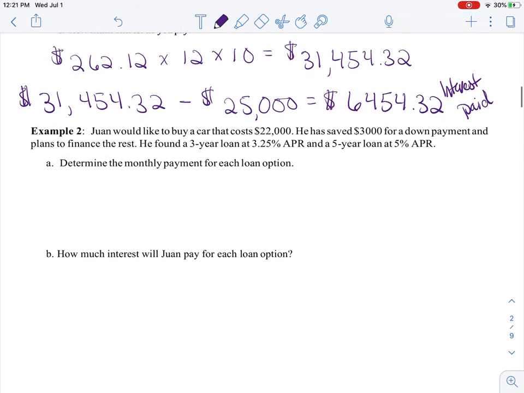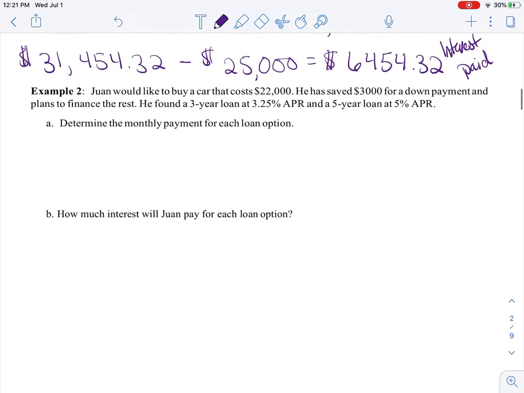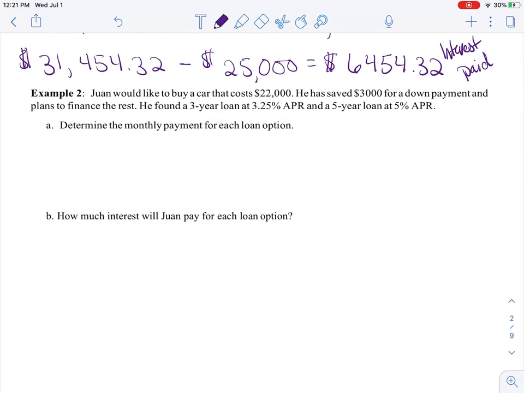Okay, so let's go to example 2. Juan would like to buy a car that costs $22,000. He has saved $3,000 for a down payment and plans to finance the rest. Okay, right there off the bat, stop reading and realize, what are you going to take the loan out for?